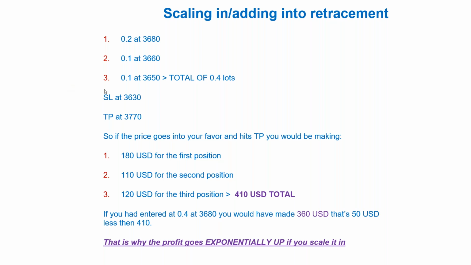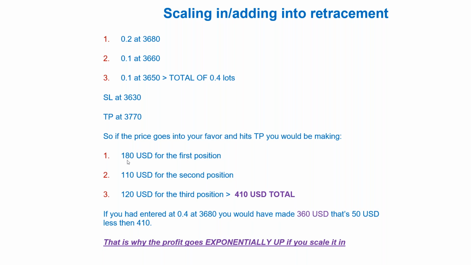So, again, where was I? Okay, let's get back. We made these entries, we made this stop loss and this target. If the price goes in our favor and hits our target, then you would be making 180 euros for the first position, 110 euros for the second position, and $120 for the third position.